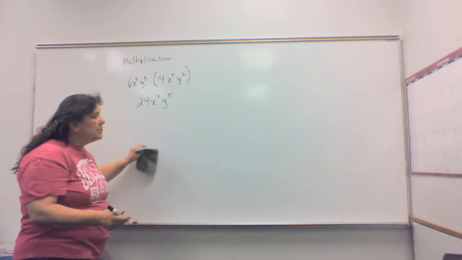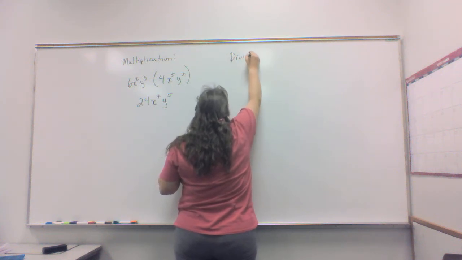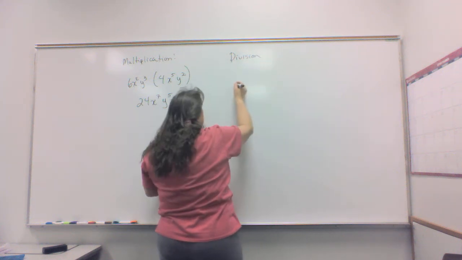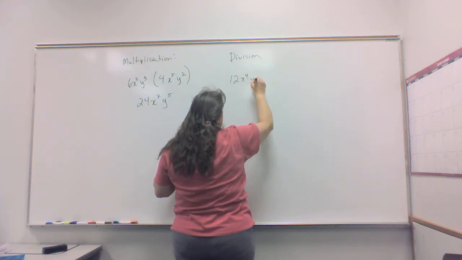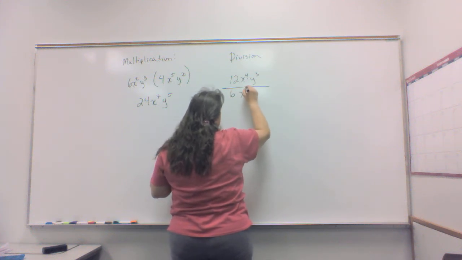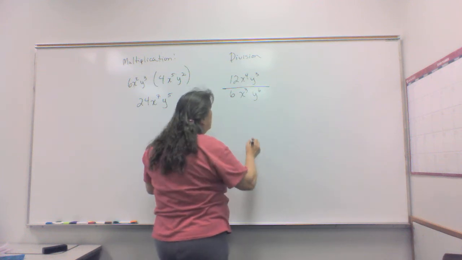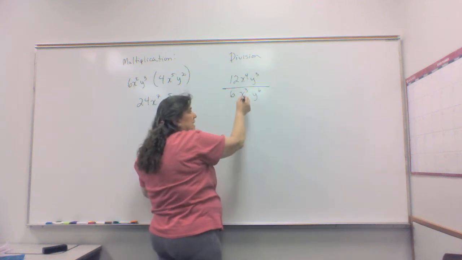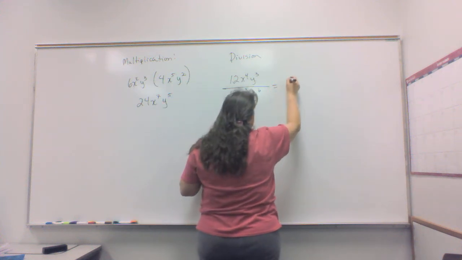Now, actually we can do division too if we're doing monomials. So, if we look at division with monomials, let's do 12x to the 4th, y to the 3rd, divided by 6x to the third, y to the sixth. Notice, same base, same base. So we have 12 divided by 6 is 6.